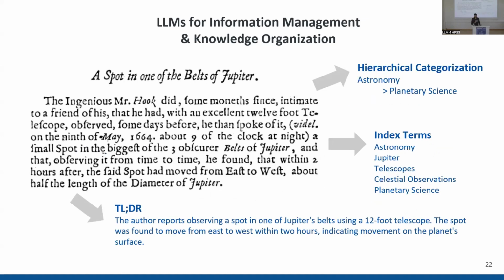When we have a text like this, spotting one of the belts of Jupiter, if you try to read the text, especially in this older style, it's quite more complicated than a modern text. And we ask for a hierarchical categorization, discipline and subdiscipline, to provide index terms, and to provide a TLDR summary.